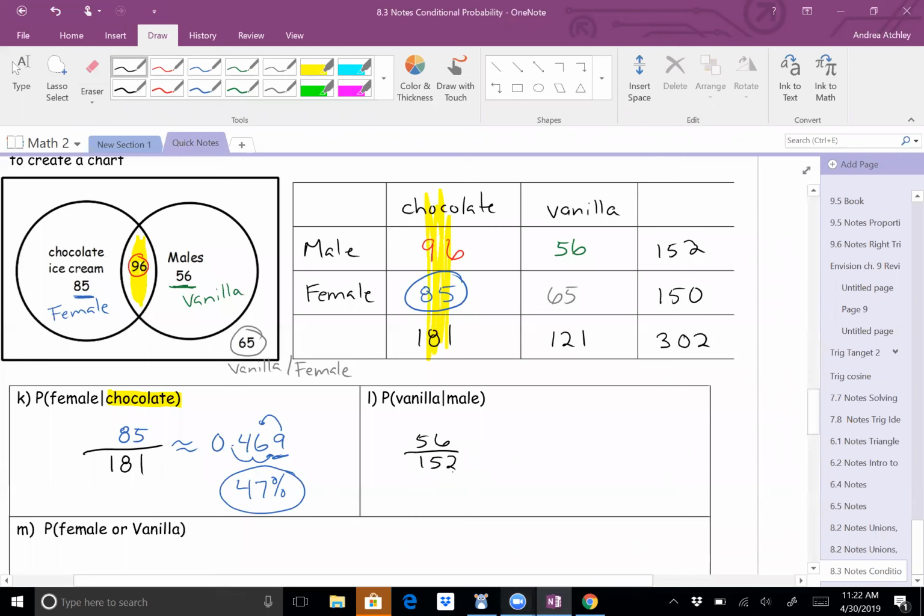There are 152 males, so we're only going to look at that row. And of them, we want to only look at the people who chose vanilla as their favorite ice cream. And so what percent did you get? 37%? Any questions over that?